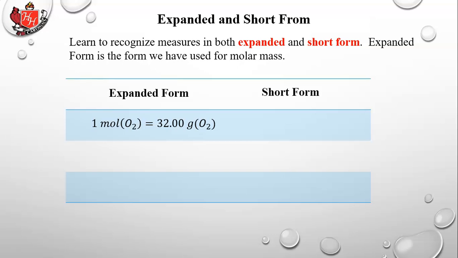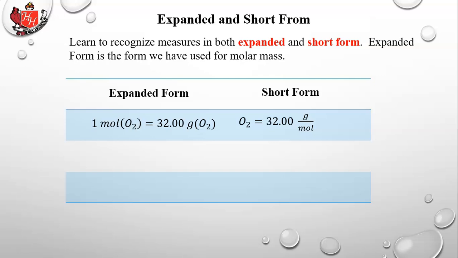But in a chemistry book or a problem on a standardized test, they won't write it out that way. They're going to more likely say the molar mass of O2 equals 32 grams per mole. So you should recognize that 32 grams per mole is the same as saying 1 mole of O2 equals 32 grams of O2.